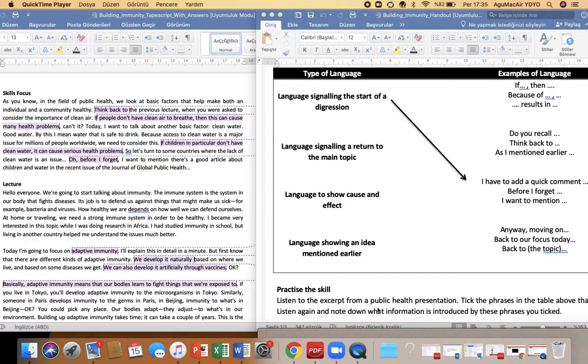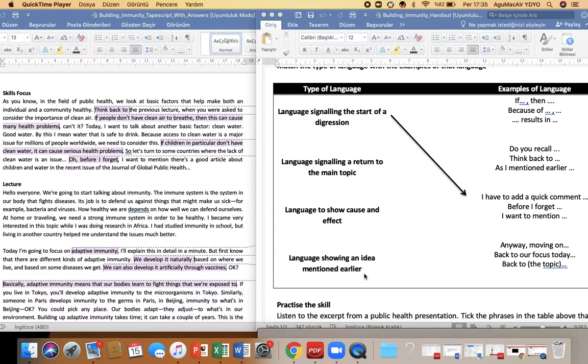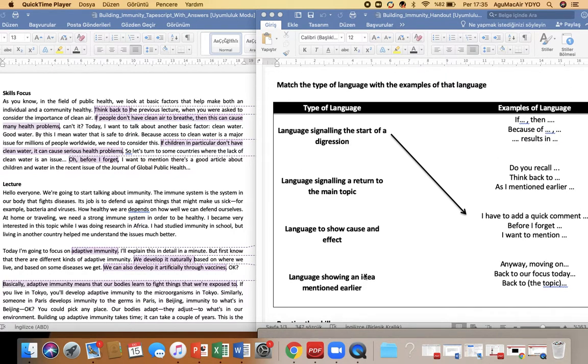Let's find out the answers to the tasks of building immunity. Let's start with the skills focus one. As you see, there are the types of language here and examples of language here. The first one is given to you, language signaling the start of a digression. I have to add a quick comment, before I forget, I want to mention, right?